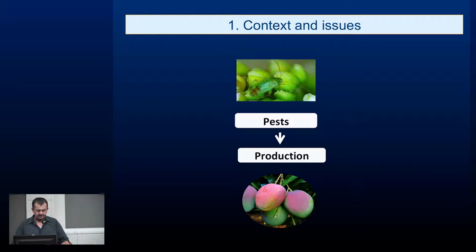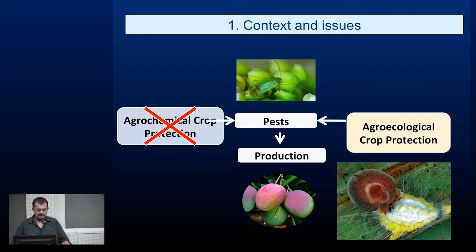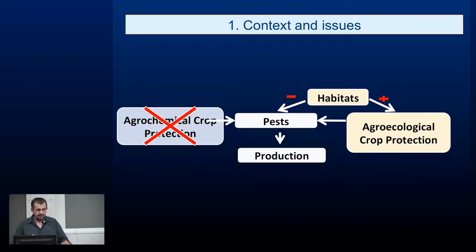To fight against pests for getting a good production, before, during decades, we used agrochemical crop protection, and the hypothesis was to replace agrochemical crop protection by agroecological crop protection using habitat manipulation, favorable for beneficials, and if possible, unfavorable also for pests.